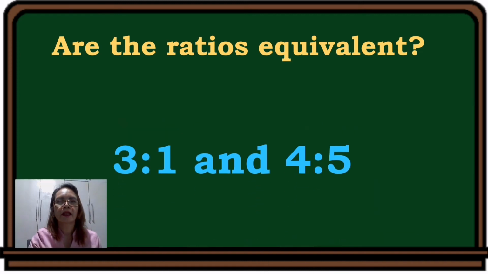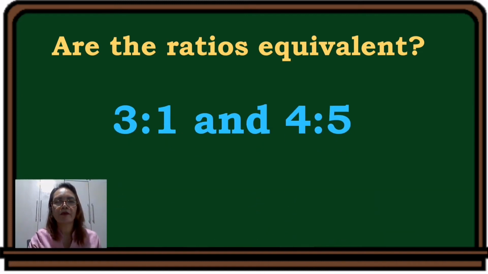Okay, last one. Are the ratios equivalent? 3:1 and 4:5. Timer starts now.